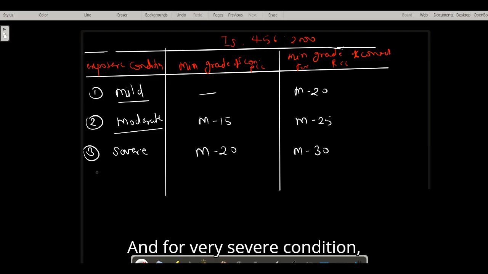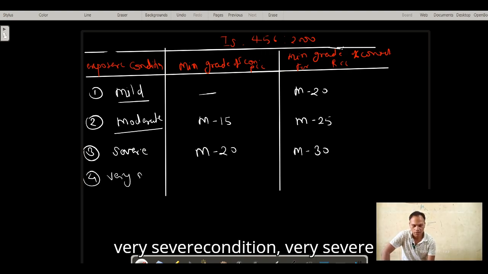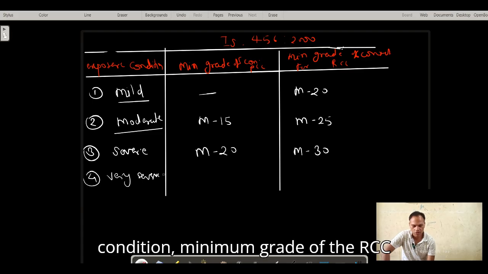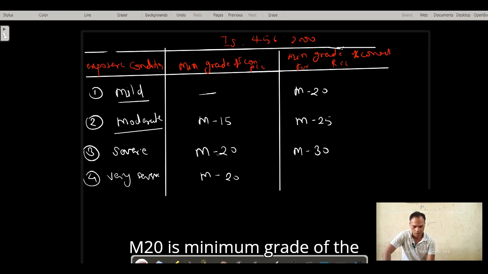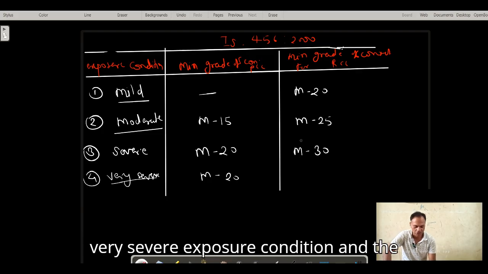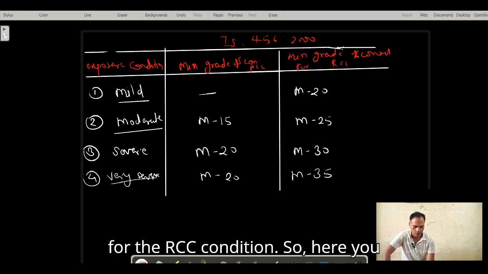And for the very severe condition, the minimum grade of concrete for the PCC is M20, and the grade of the concrete will be M35 for the RCC.